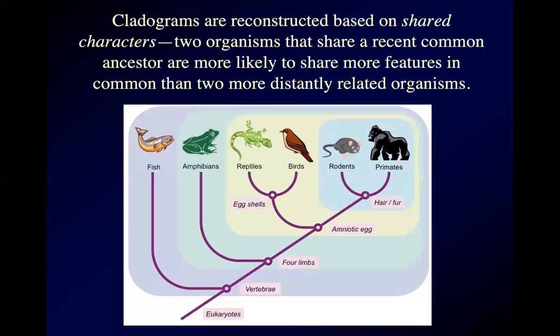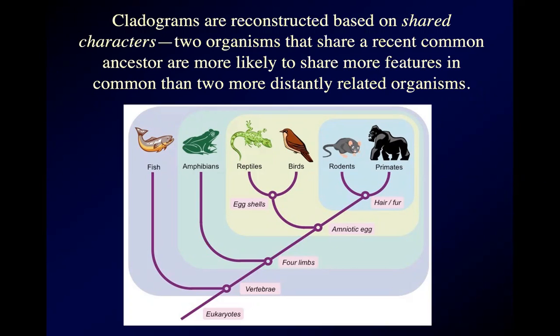So for example, if you've got a sibling, then you probably share more features in common with that sibling, maybe the shape of your face or the size of your nose or the color of your eyes or what have you. You probably share more features in common with your blood relatives than you would with somebody that we just pulled off the street. It's the same thing here.